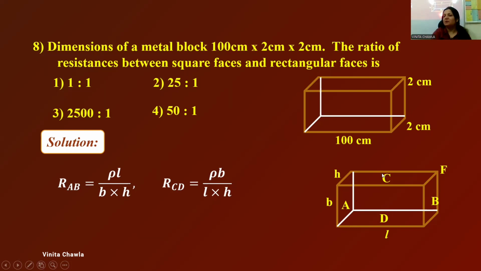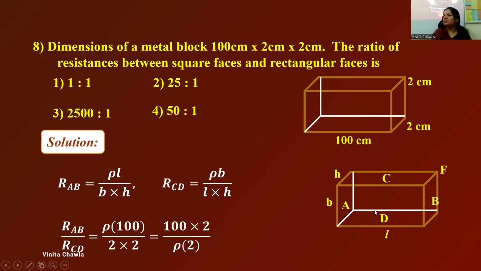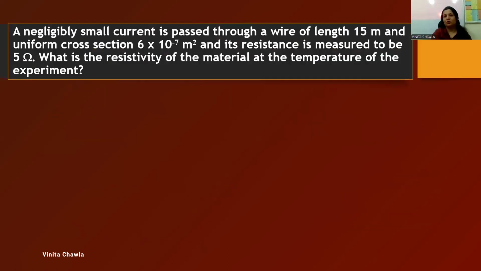Look at the arrow movement. And this time the area of cross section is L cross H. Didn't understand? Okay, when you put the values, you get the ratio as 2500 is to 1. It will come. Next question, this is important.